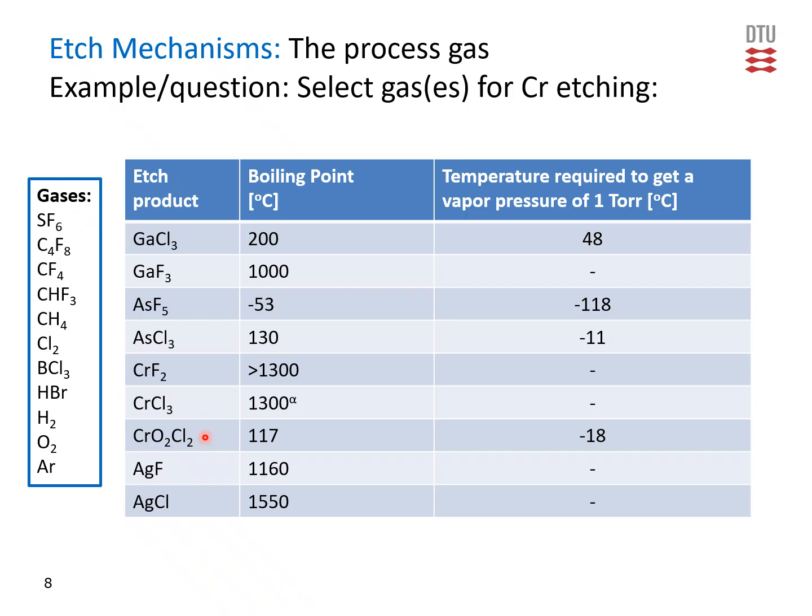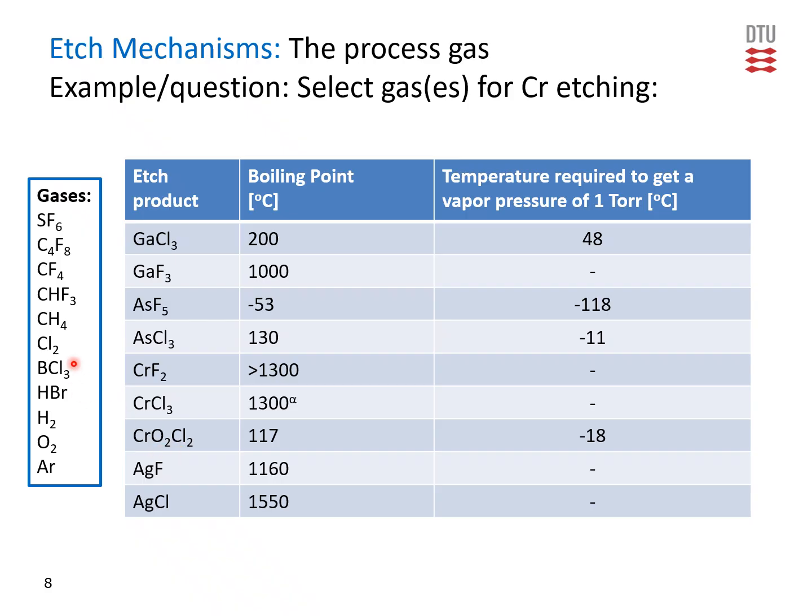But then we have this chromium oxychlorine, and here the boiling point is quite low, and if you look at the temperature required to get a vapor pressure of 1 torr, then it is below the 20 degrees, so we are quite sure that this one here will be volatile at the processing pressure. And that means that we will need both oxygen and chlorine.